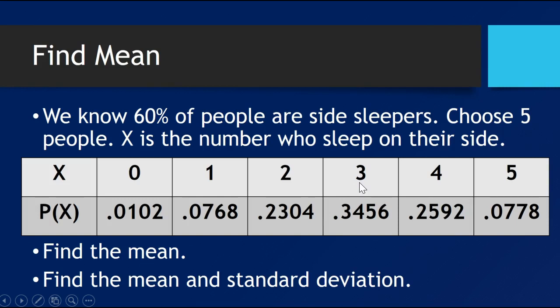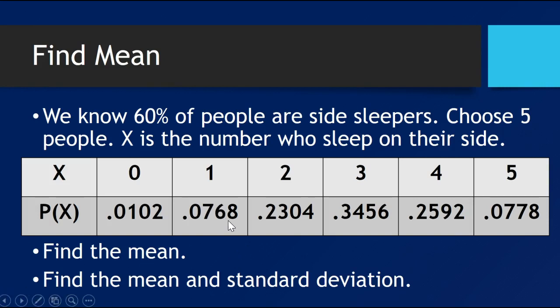I would have taken 3 times 0.3456, plus 4 times 0.2592, plus 5 multiplied by 0.0778. And rounding to 2 decimal places, I got 3.00.